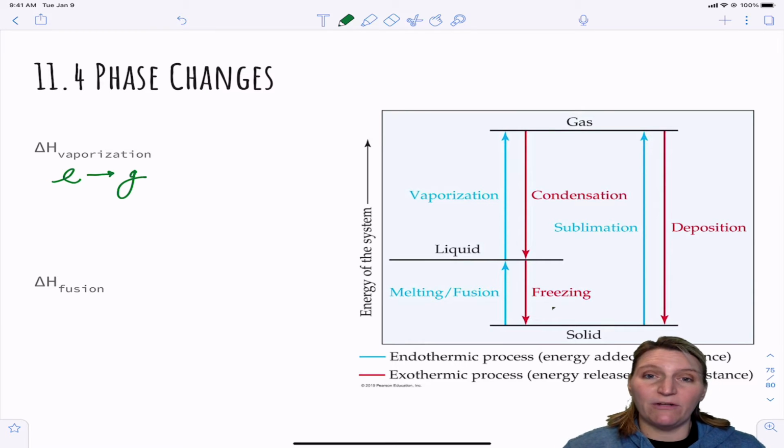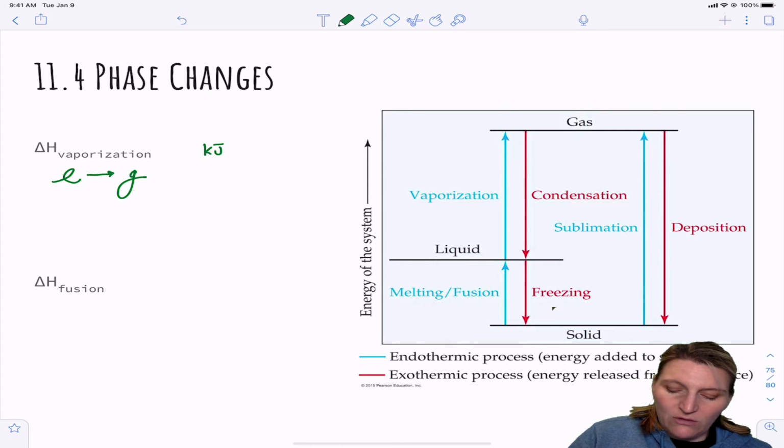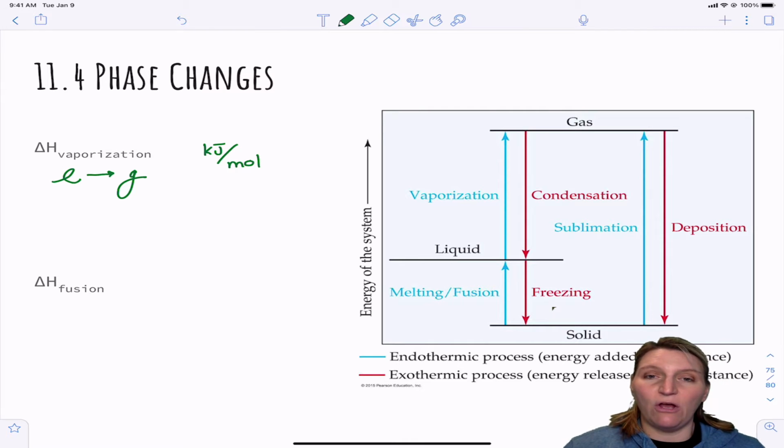So this is the amount of energy that you would need to put in to go from a liquid to a gas, or the amount of energy that would need to be removed to go from a gas to a liquid. It will be in kilojoules per mole. That's the unit. So then if you wanted to know how much energy you would need to add to boil 4 moles of water, you would multiply it by the delta H of vaporization of water.